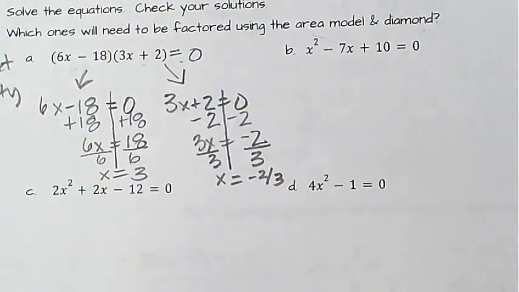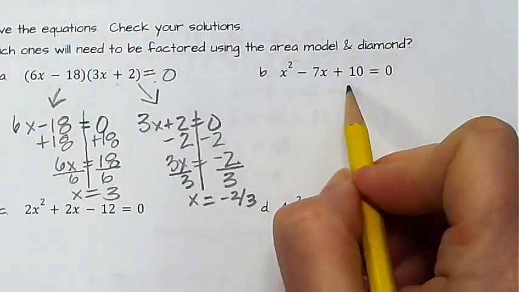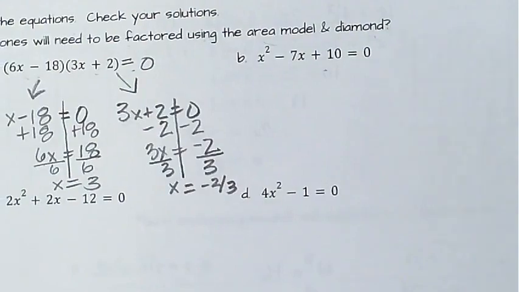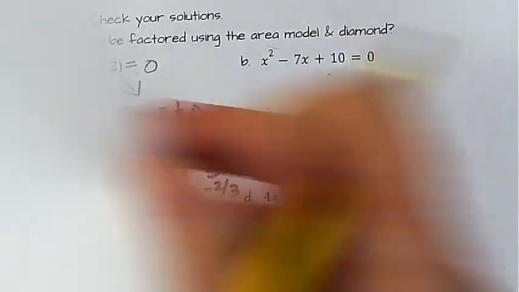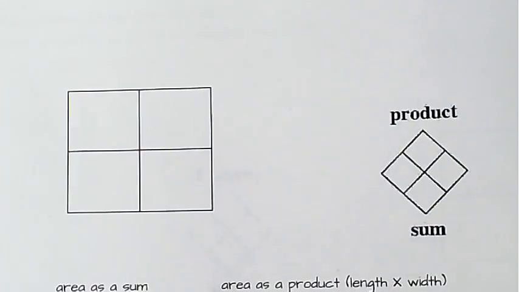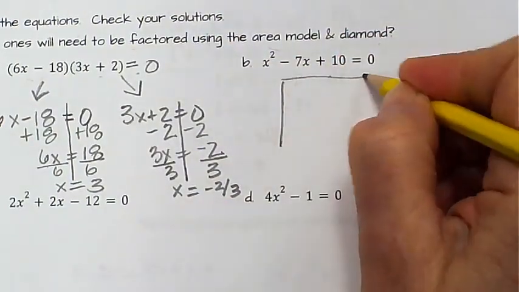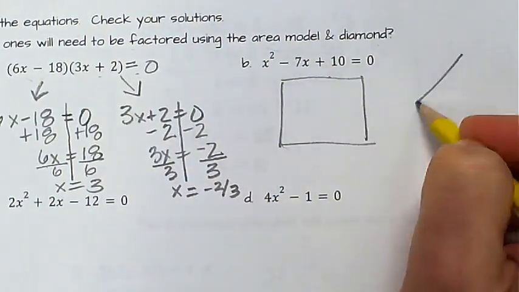Okay, here we have a quadratic equation, so I'm going to try using the area model and the diamond, and I'm just going to quickly sketch a little area model and diamond.